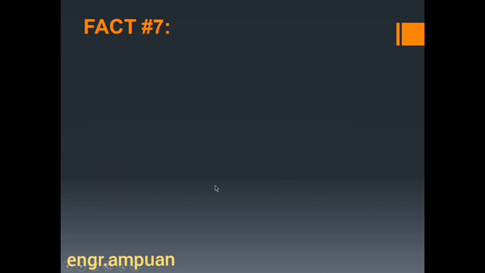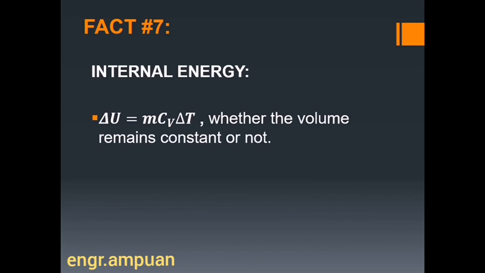Fact number 7 is the internal energy. The internal energy is also equal to mcΔT, wherein you are using the specific heat at constant volume, no matter whether the volume remains constant or not.